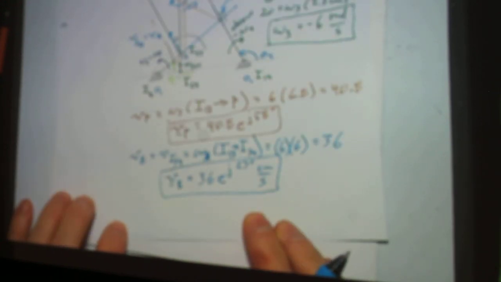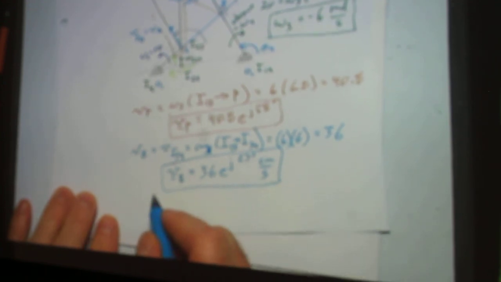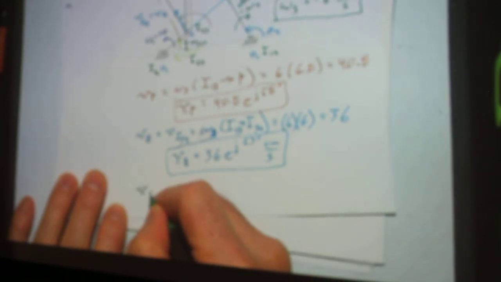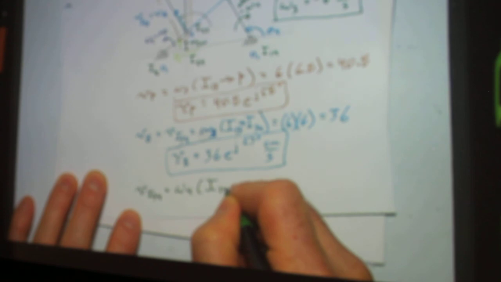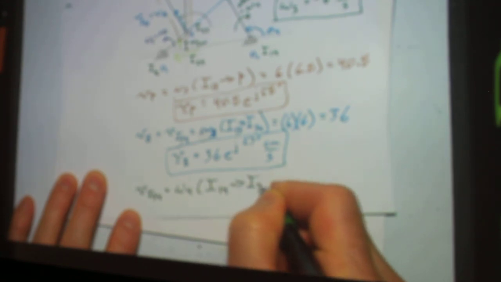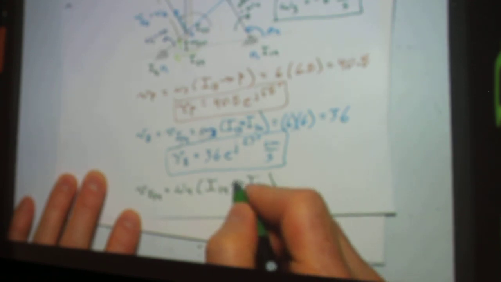All right. And then the one last step that we do here is the velocity of I34 also equals omega 4 times I14 to I34. When I measure this from 1,4 to 3,4, well, that's simply the length of the fourth link, which is 9.